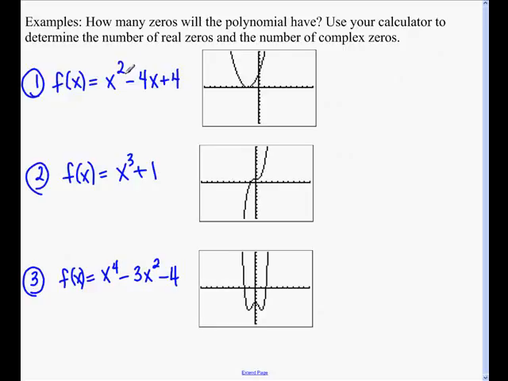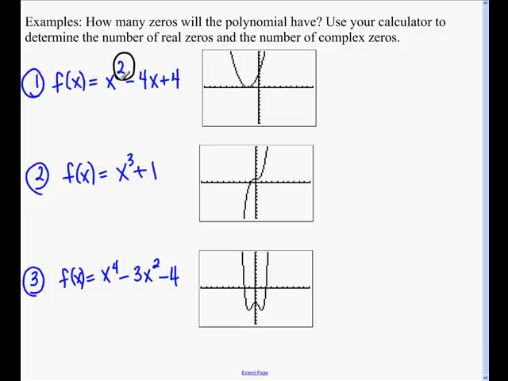We know that f of x equals x squared minus 4x plus 4 has exactly two zeros. Well, look at the calculator graph and see that it touches the x-axis. And remember what happens when it touches. That tells us that we have an even multiplicity, right? In other words, that root is occurring an even number of times.